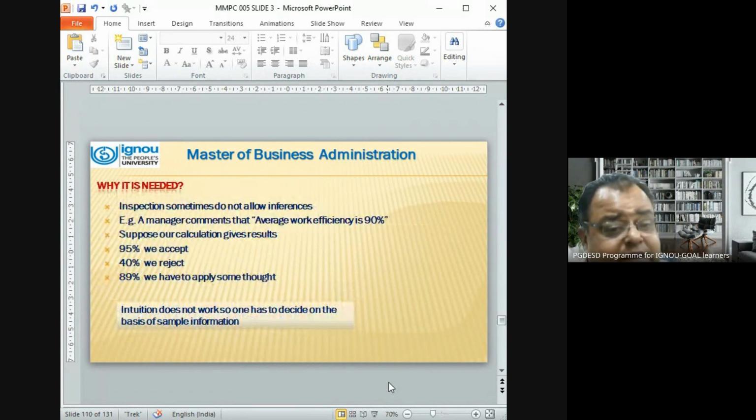Why is it needed? Inspections sometimes do not allow inferences. For example, a manager comments that average work efficiency is 90%. Suppose our calculation gives the result as 95%, we accept it. At 40% we reject it. And at 89% we have to apply some thought. This is what mathematics says.